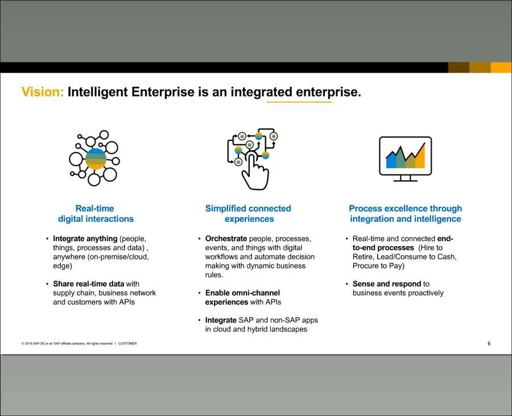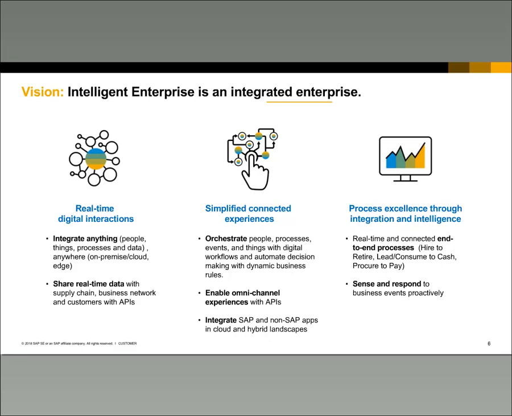What we are also looking at to make an enterprise intelligent is to give a simplified connected experience. Here we make use of workflows and business tools to orchestrate people, processes, events, and we also make use of dynamic business tools to take decisions and to automate decision making here.